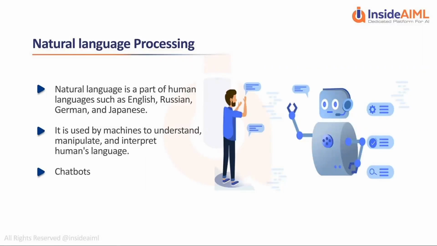Okay, so natural language processing. Natural language is just human languages, as I told you, like English, Russian, German, Japanese, Hindi, Tamil, Kannada, Marathi, and so on. It is used by machines to understand, manipulate, and interpret human languages. Nowadays, you will see that programs are getting smarter. You'll see virtual assistants and chatbots.